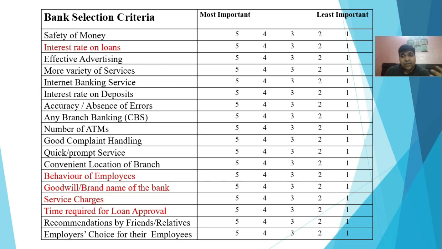So you actually get the variables for your questionnaire. This is the idea behind how the topic, objective, literature review, and questionnaire are related to each other.